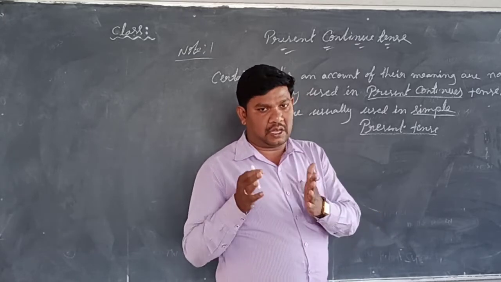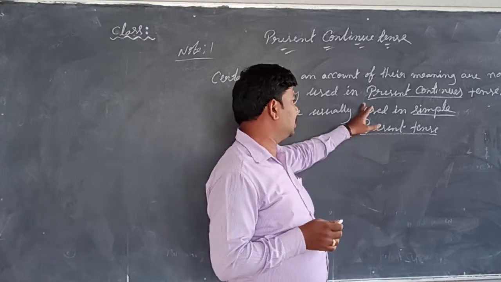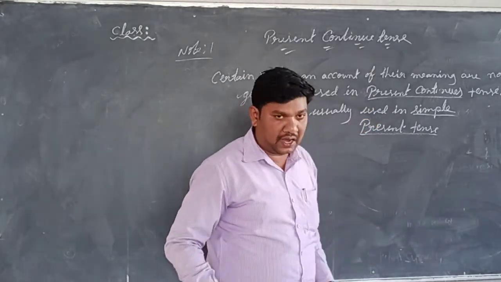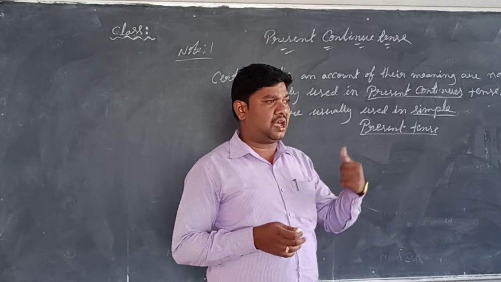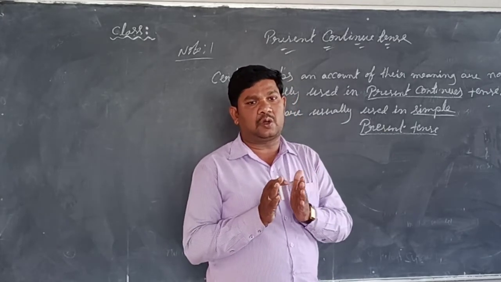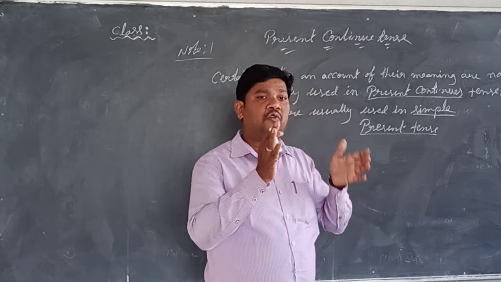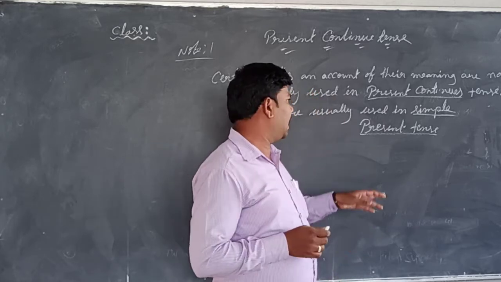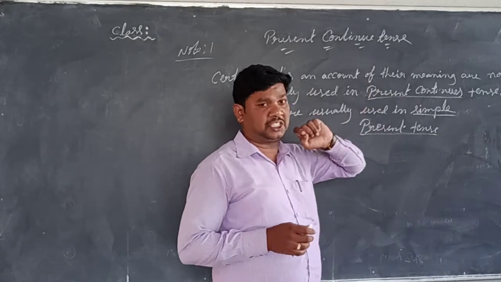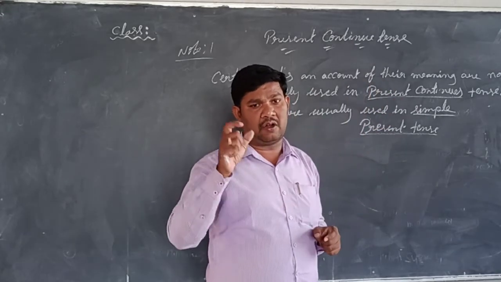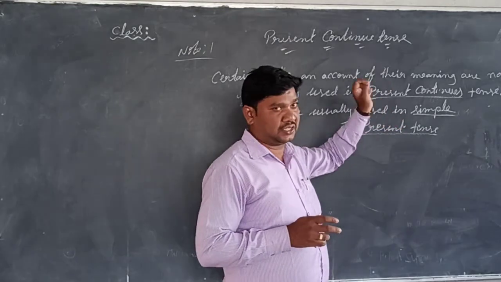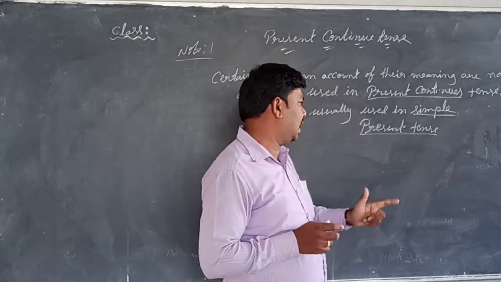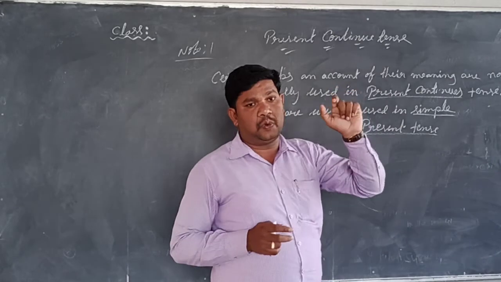I am standing, I am teaching, you are listening, you are sitting, they are singing. All these are going on at the time we are speaking, so we call it present continuous. But verbs whose meaning is not an ongoing action are not generally used in present continuous tense. They are usually used only in simple present tense.